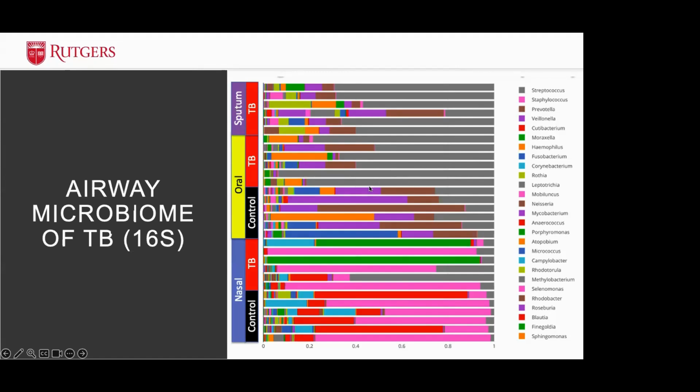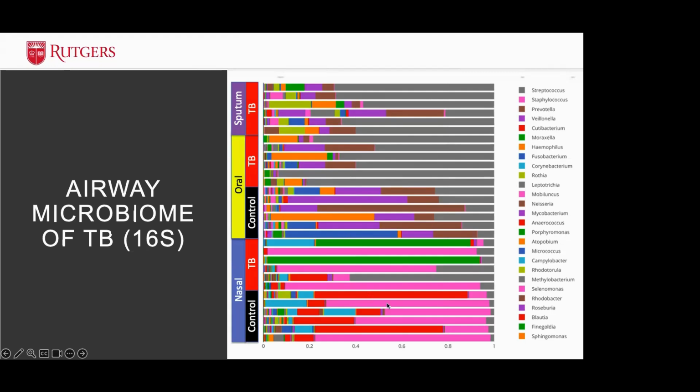In both sputum and oral, the oral TB and sputum TB look similar, and that makes sense because of contamination and proximity. You're seeing a lot more strep in the TB samples than in the controls, and those controls show a lot more microbial diversity.